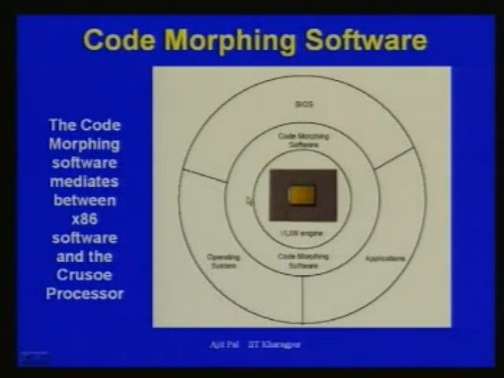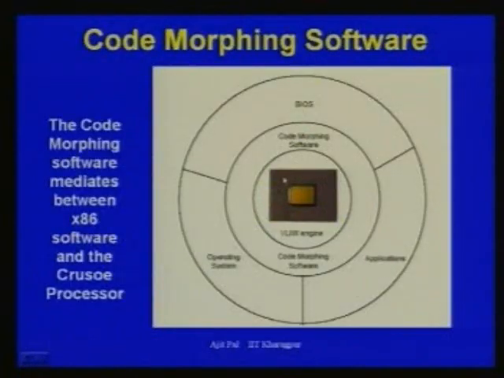So, this code morphing software is essentially performing the job of compilation, which converts the instruction set architecture of Pentium to the instruction set architecture of VLIW engine. That means, code translation is done by this piece of software, and once it is done, the execution of the VLIW instructions consumes much less power.